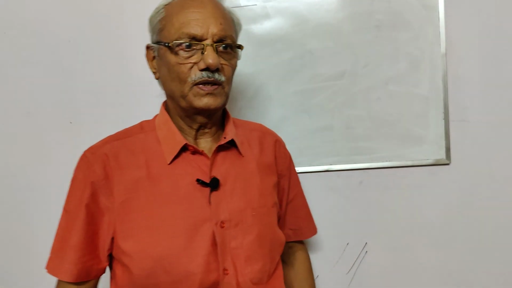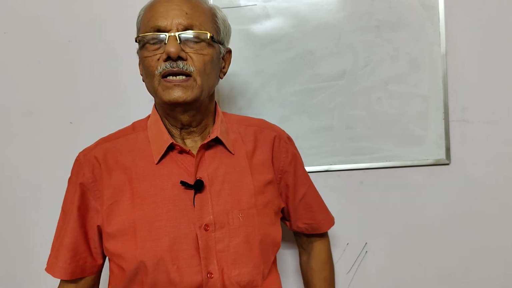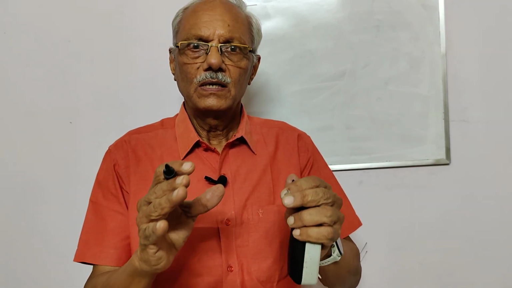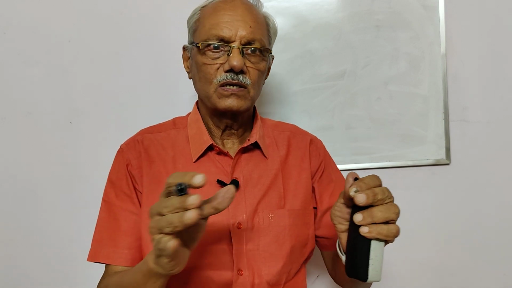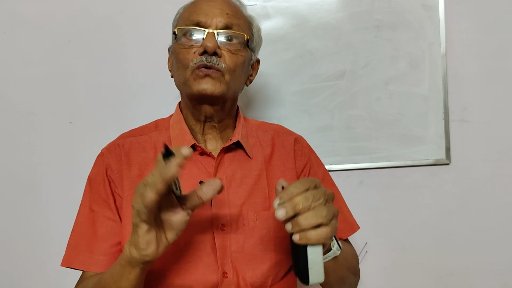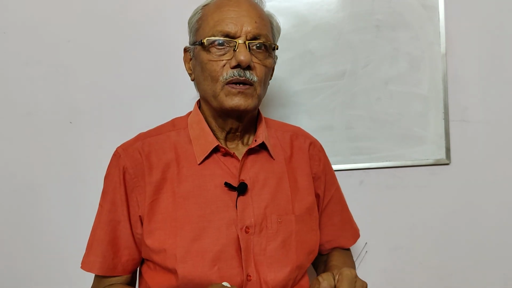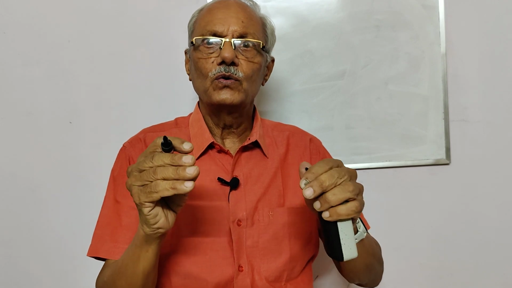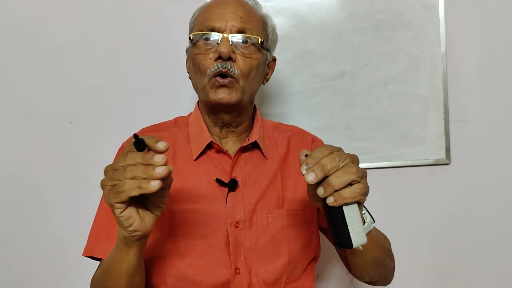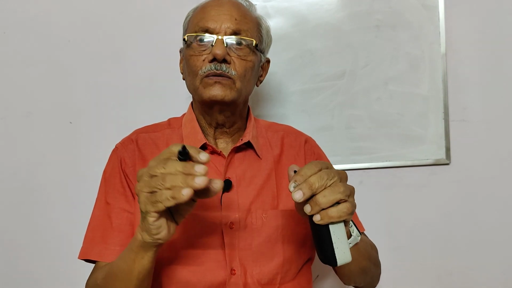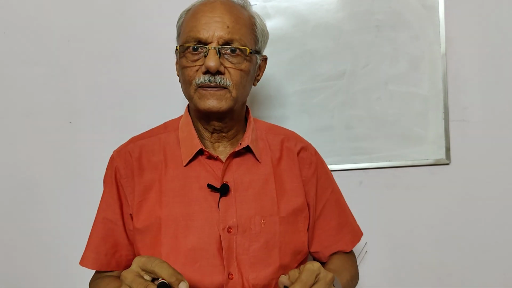Hello. Today let's have a small discussion on the eigenvalues and the eigenvectors of a square matrix. I hope that all of you know something about a matrix and what a square matrix is.